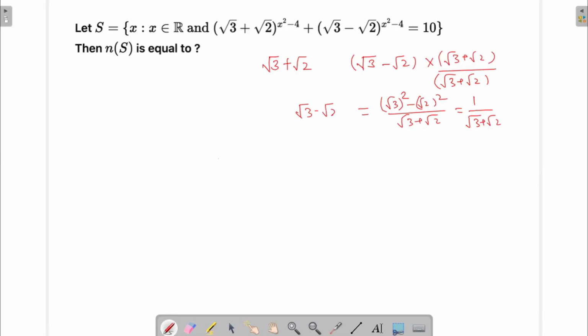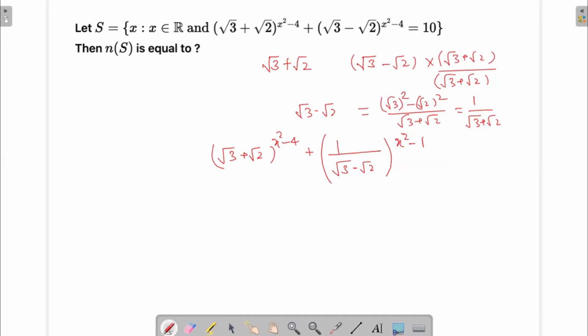So I could write this expression as root 3 plus root 2 raised to the power x square minus 4, plus 1 upon root 3 minus root 2 whole raised to the power x square minus 4.